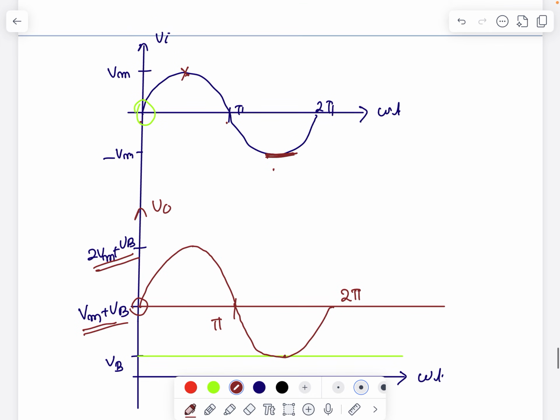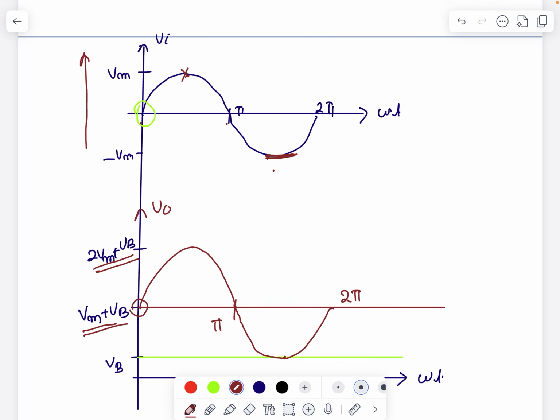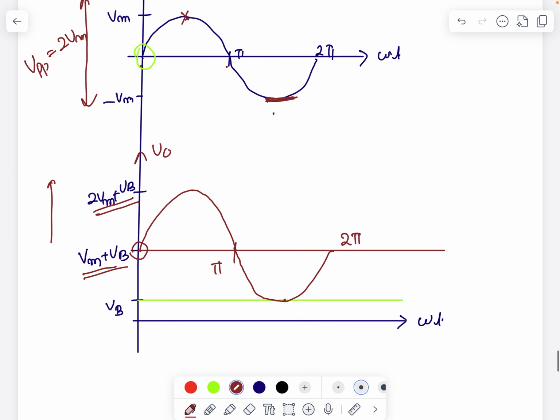If I check the peak to peak voltage here also, I get 2 Vm. So 2 Vm plus Vb minus Vb, here also I will get V peak to peak equal to 2 Vm.